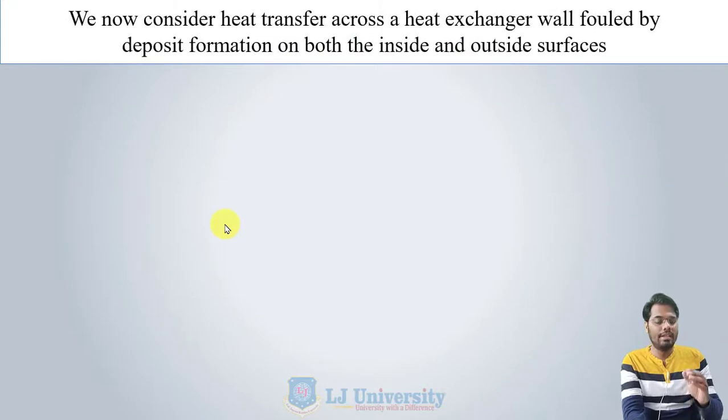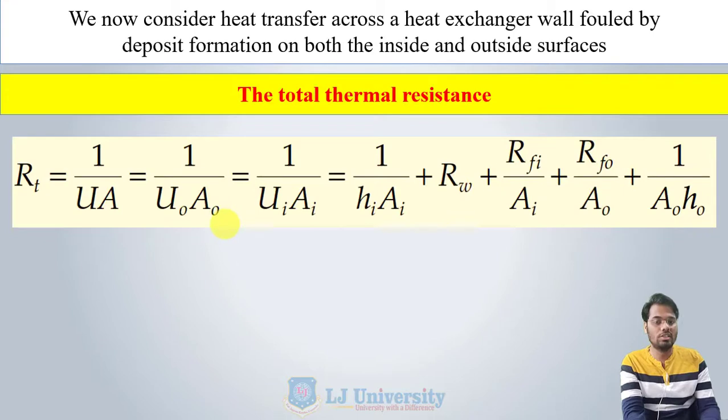We now consider the heat transfer across the heat exchanger wall fouled by deposit formation on both sides, inside and outside. The equation for the total resistance, based on either the outer side or the inner side, is 1 upon HIAI, which is a convection resistance, plus RW, the wall resistance. For a plain wall it would be T by K, and for a circular pipe it would be ln ro by ri upon 2 pi kl. This is generally denoted by Rw for both cases, wall and circular tube.